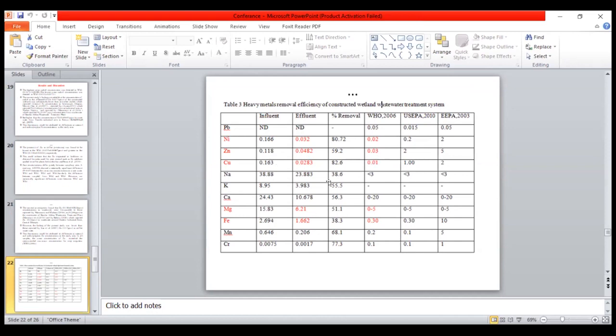When it comes to the removal efficiency of the constructed wetland, for almost all except sodium, the removal efficiency was above 50%.